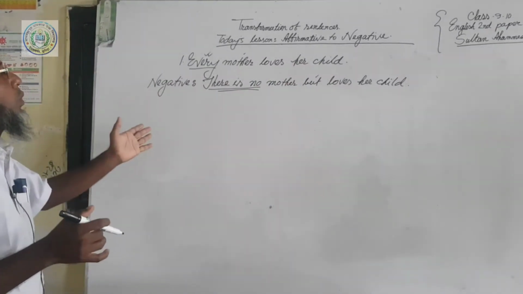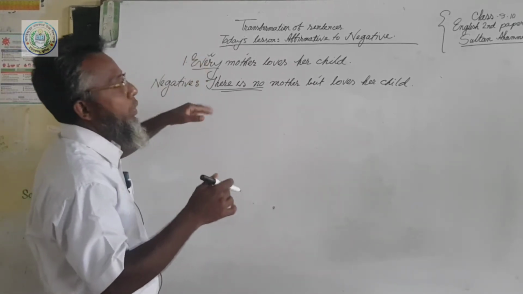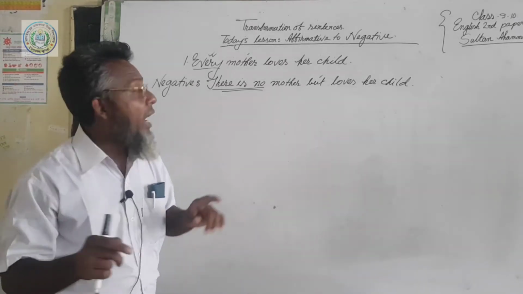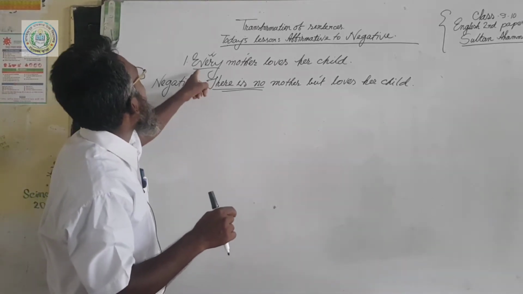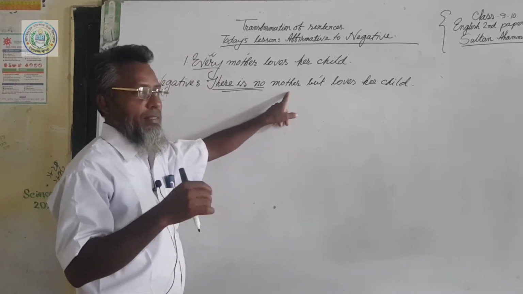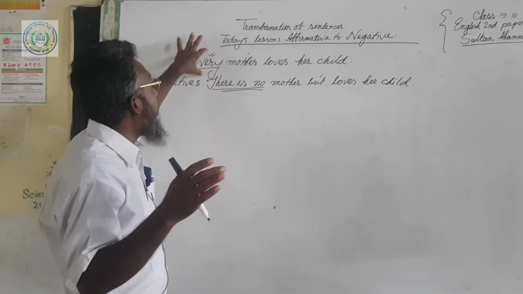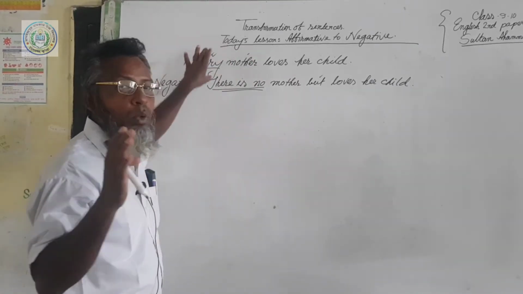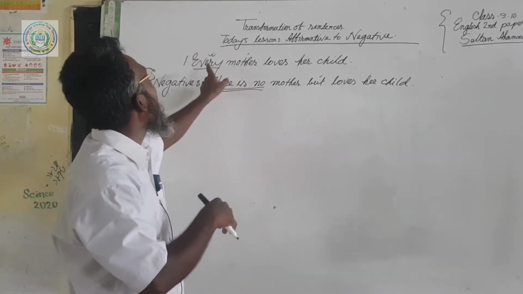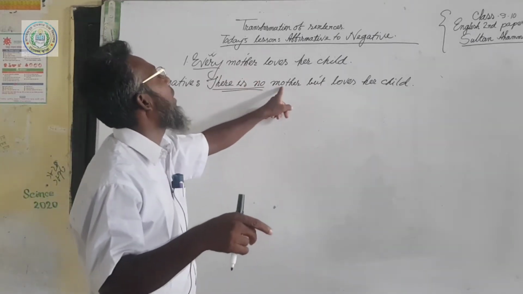So this is the rule. In order to make the negative sentence without changing the meaning, I wrote instead of every, there is no, then mother. In order to omit every, you have to write there is no. Then after every there will be a noun, so I wrote the noun here.